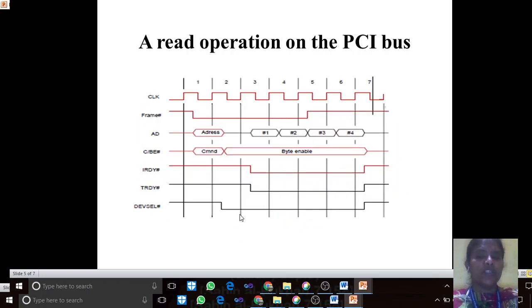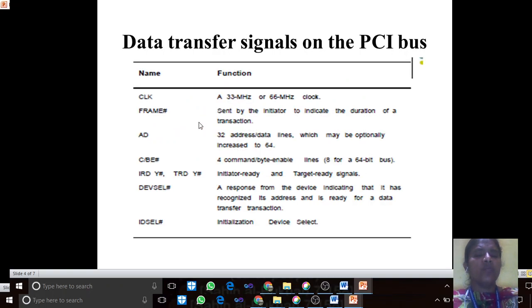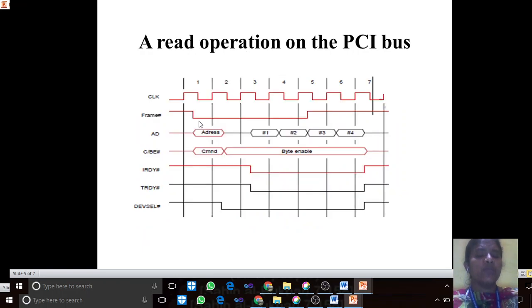A read operation on a PCI bus. In the middle of the clock cycle, the address is placed, and FRAME#, as we discussed, is sent by the initiator to indicate the duration of the transaction.